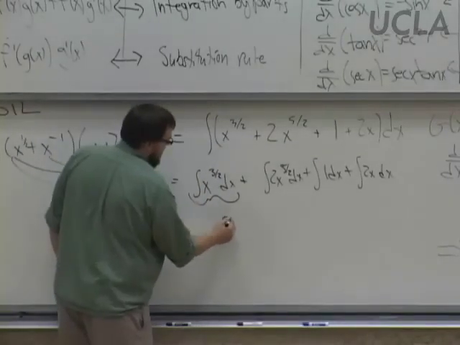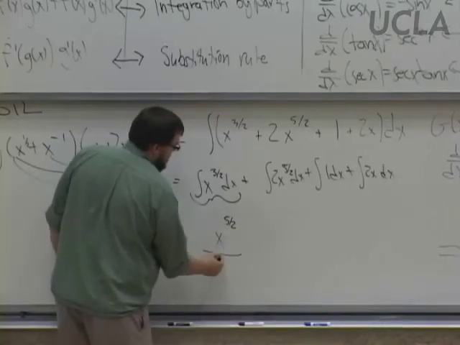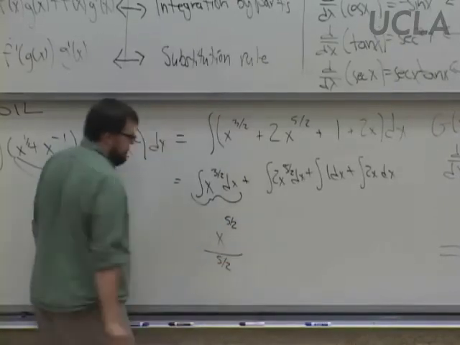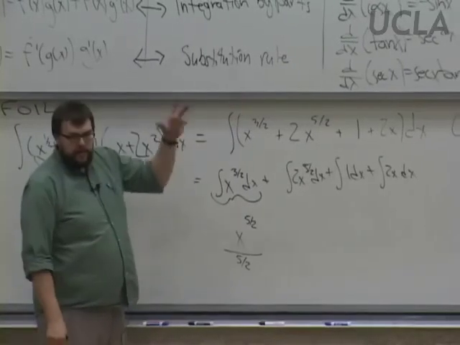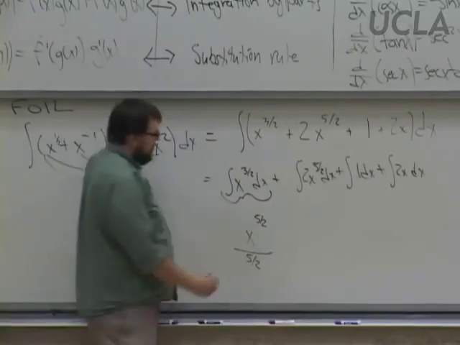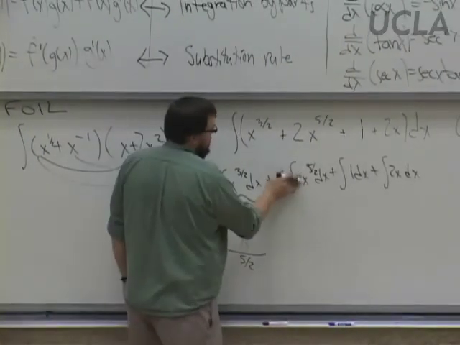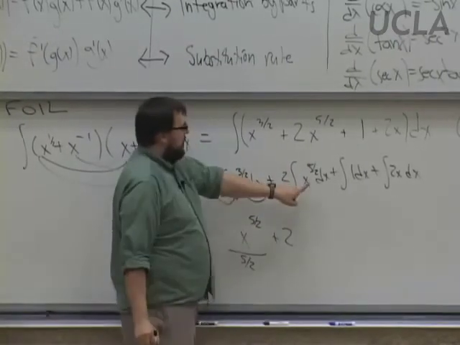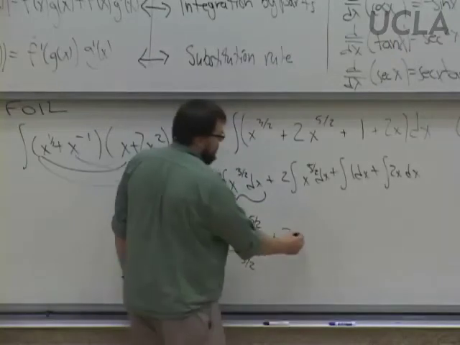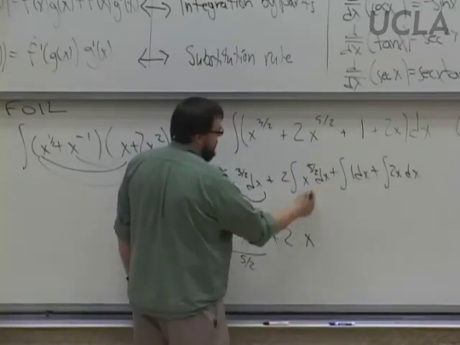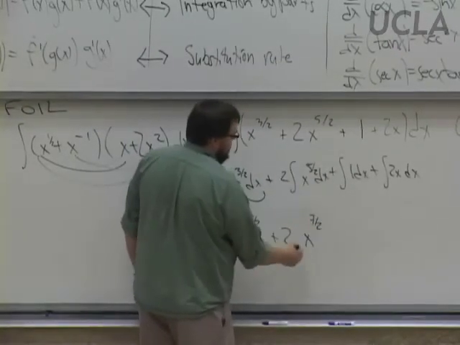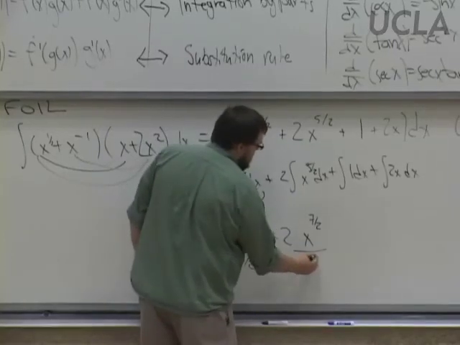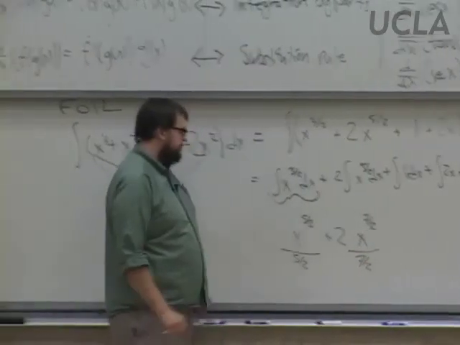So you take x to 5/2 and divide by your new power, 5/2. That's the same as multiplying by 1 over a plus 1. Now the 2 is a constant, so I can do the 2 on the outside, plus 2. Again, the rule says for integration you take your power, add 1, getting 7/2, and then divide by your new power, 7/2.